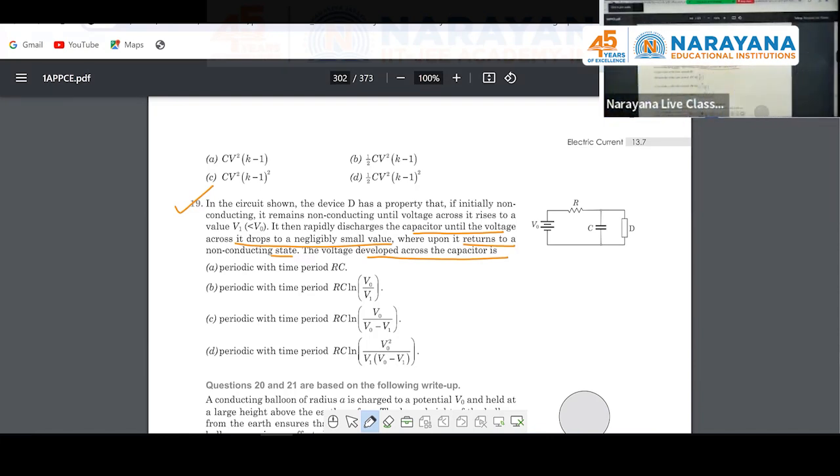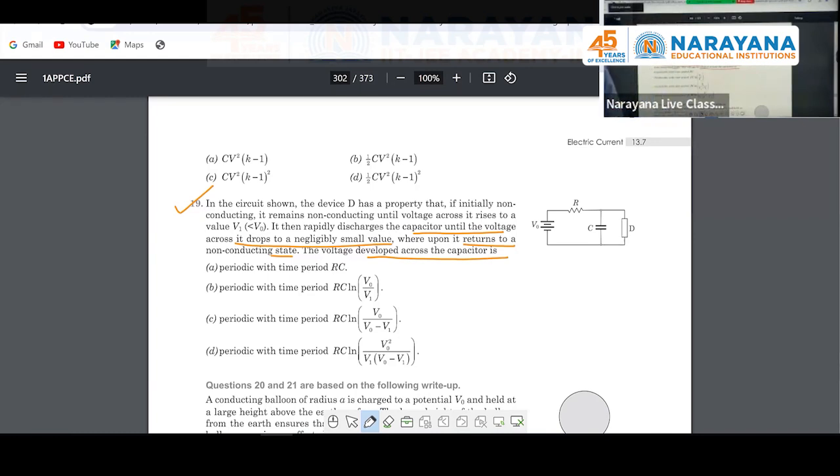And then at that very instance, when it attains a voltage of V1, it discharges suddenly. Rapidly discharges, and the value attains nearly 0. So if you draw the RC Q versus T graph, you'll also get your result. Getting it? What is coming out to be the correct result?